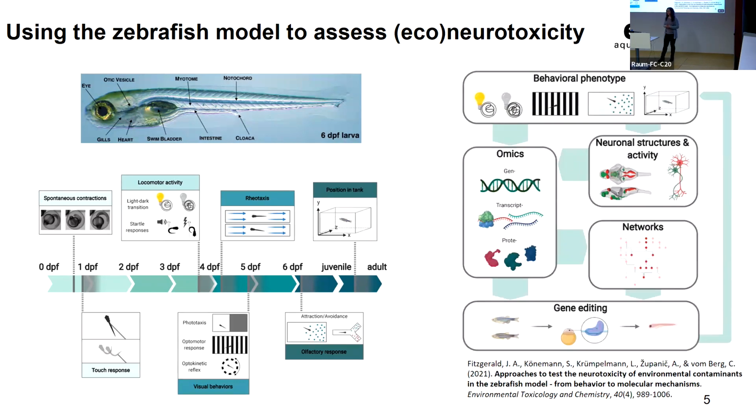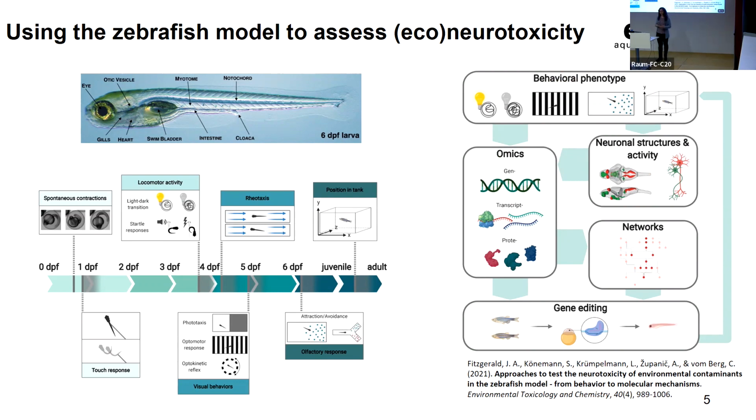So we are following an approach that we have described in this review here, in which we expose the larvae to neuroactive chemicals and then observe their behavioral phenotype. In parallel, we then measure changes in neuronal activity or neuronal structures, as well as in molecular events, with the aim to afterwards causally link these molecular events back to the behavioral phenotype.